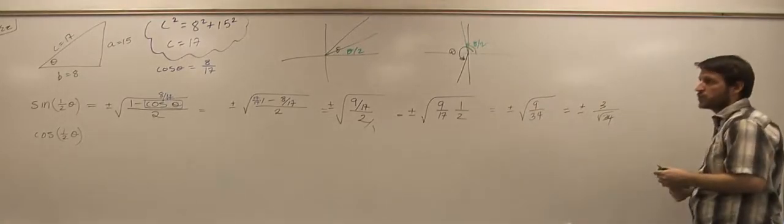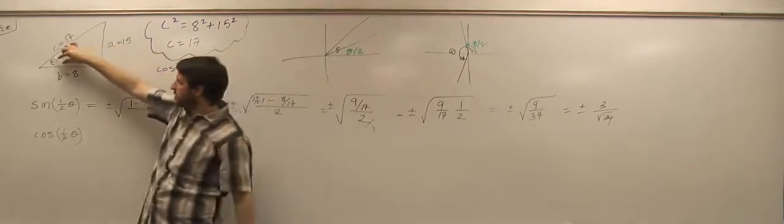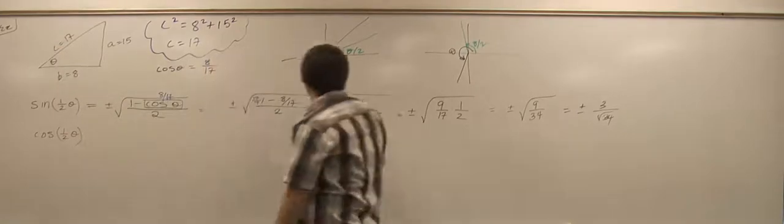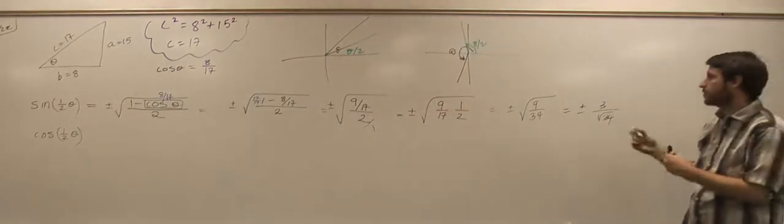Because you change quadrants when you cut it in half in that case. But in this case, because we're in a right triangle, this guy's in the first quadrant, so theta over 2 will be in the first quadrant. So this will be positive.